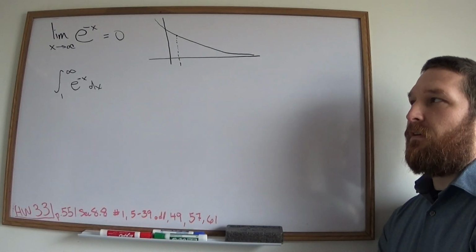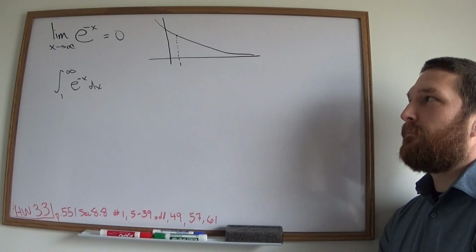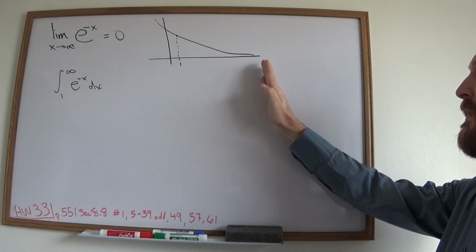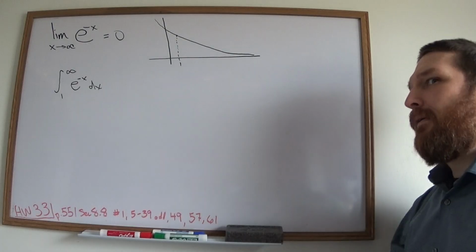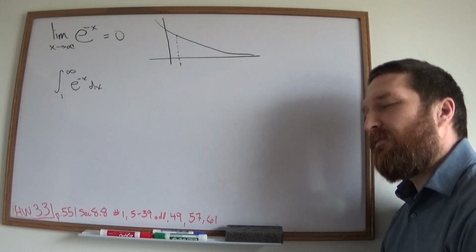Do you think this converges or diverges? If we take the area under this curve, you're basically adding smaller numbers as it goes on. So that'll probably converge. Yeah, it feels that way, right?